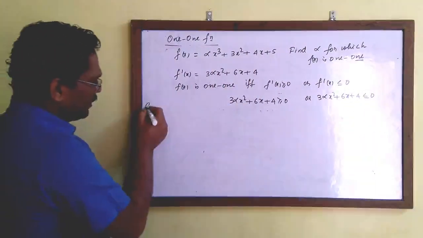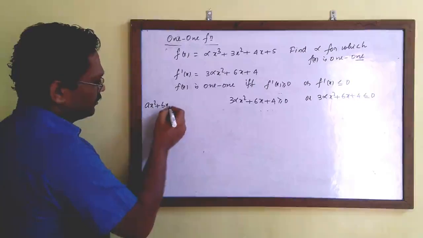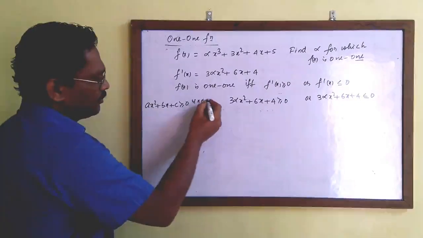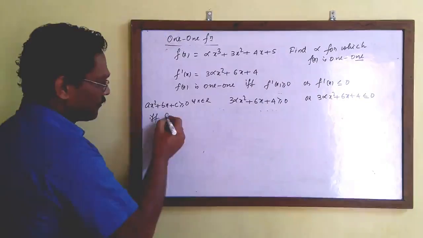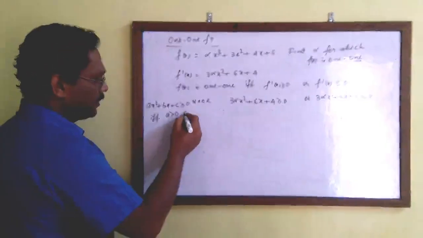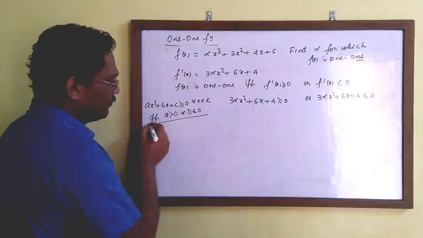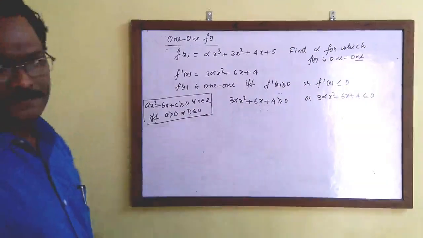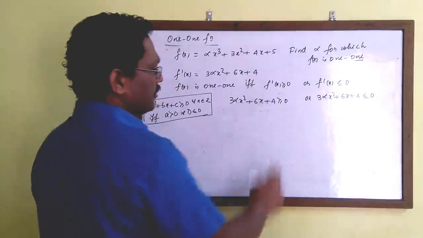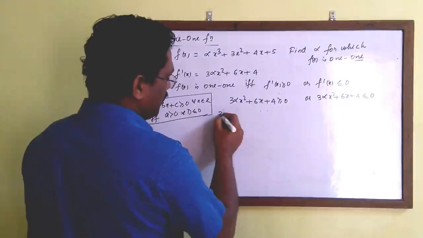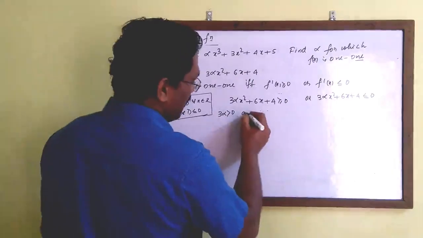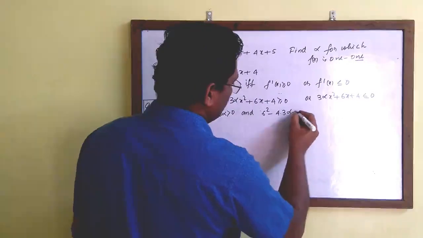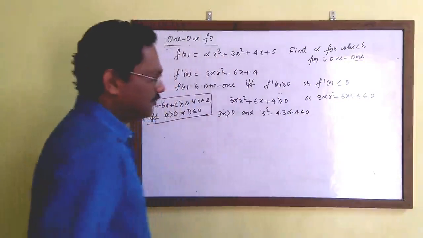Now tell me, a quadratic ax square plus bx plus c is greater than equal to 0 for all x belonging to R if and only if a is positive and the D is less than equal to 0. Correct? So this is a quadratic. Now this quadratic can be greater than equal to 0 only if 3 alpha is positive and 6 square minus 4 into 3 alpha into 4 is less than equal to 0.